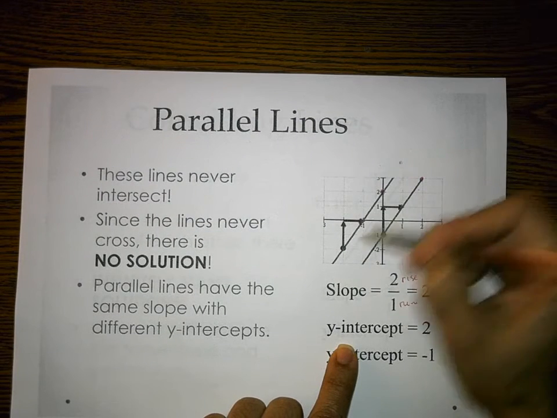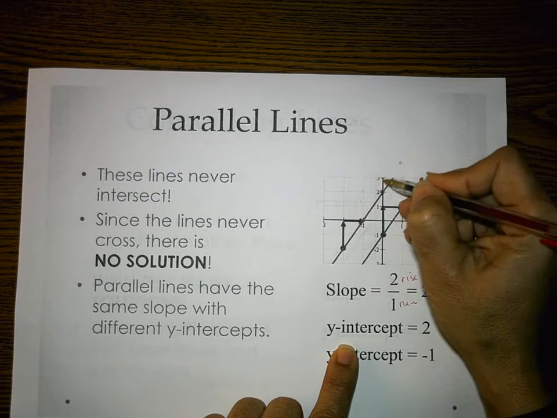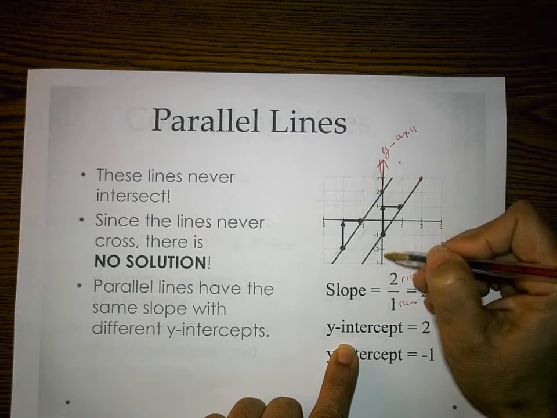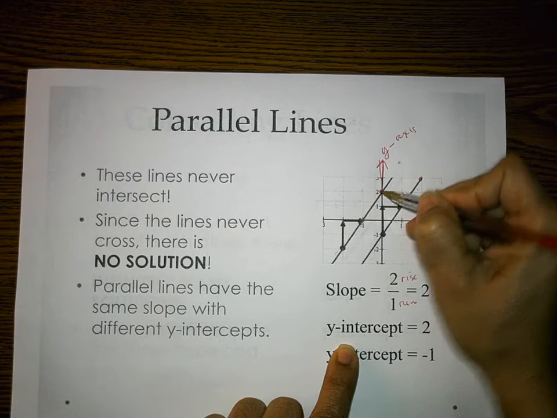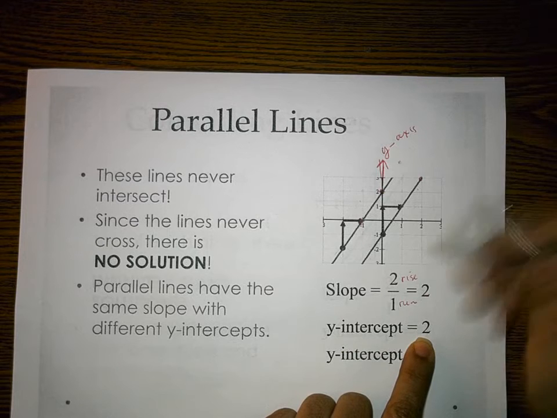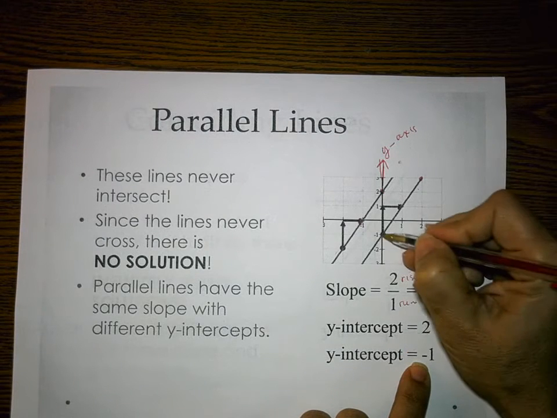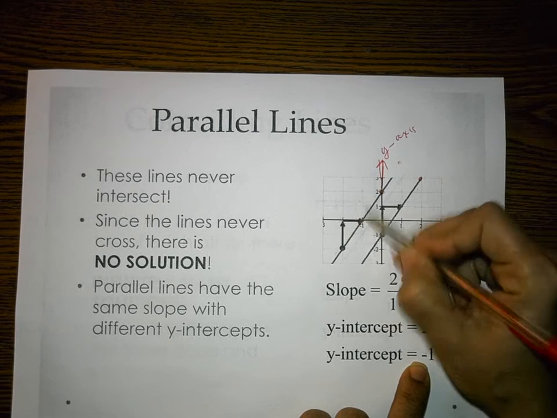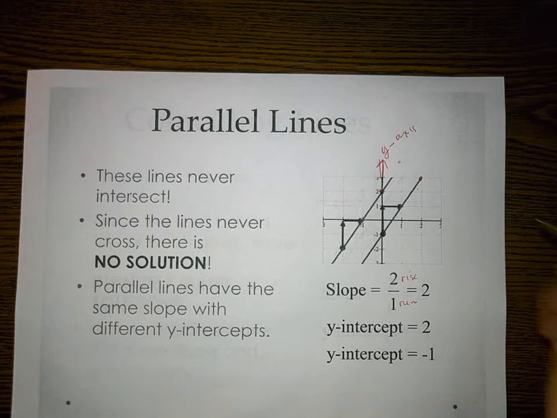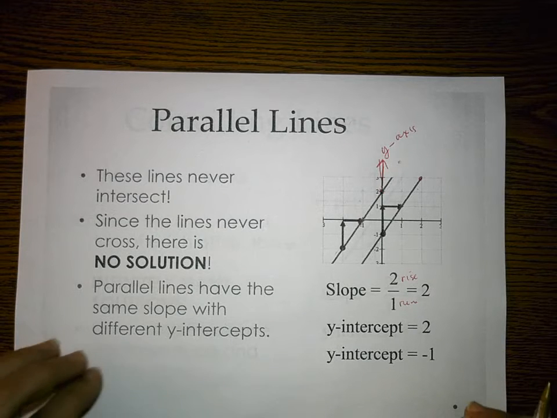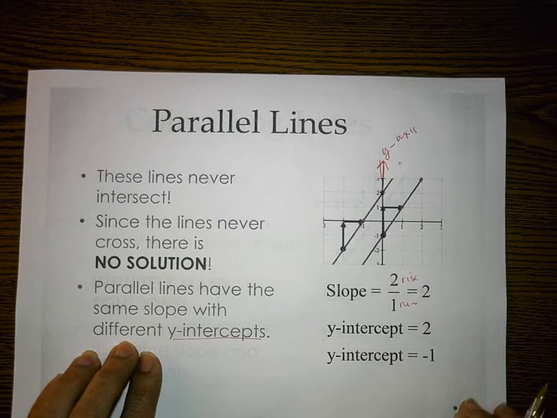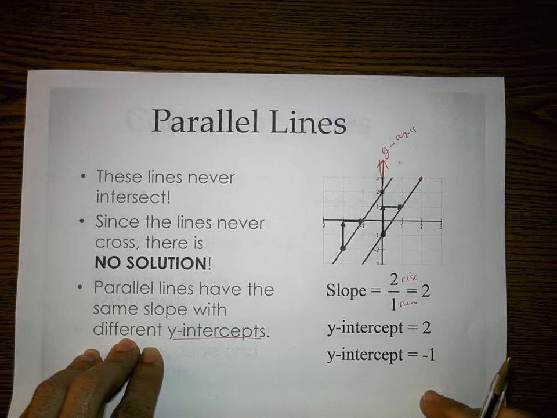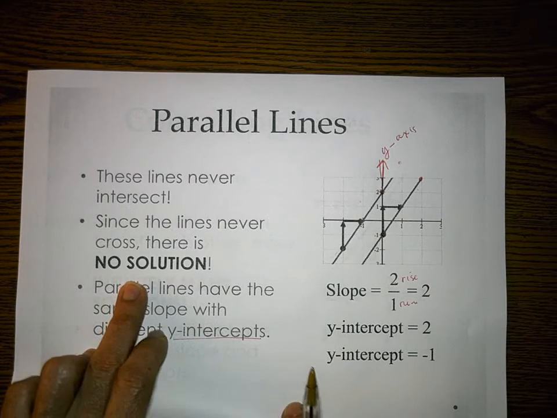This line touches the y-axis at y equals 2, but the other line touches the y-axis at -1. They grow at the same rate, but touch the y-axis in different spots. So parallel lines have the same slope but different y-intercepts. They never meet and don't have an intersection, so there's no solution for parallel lines.